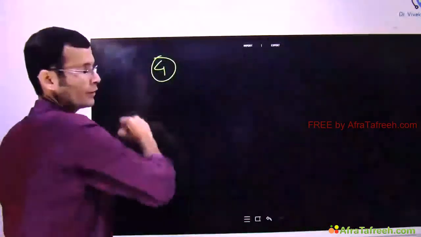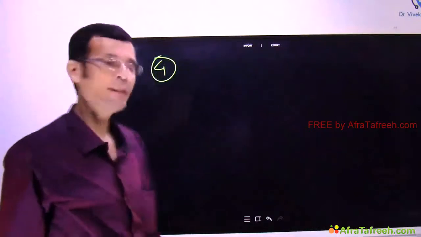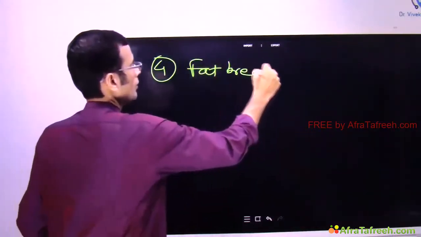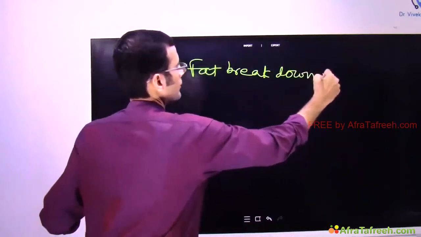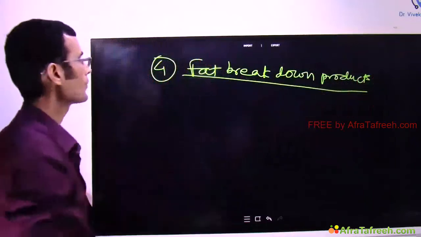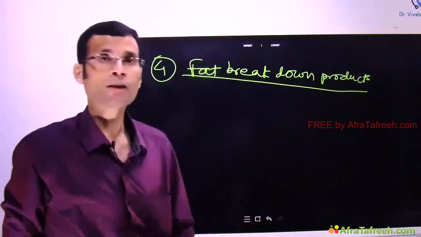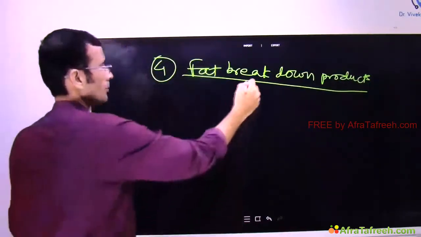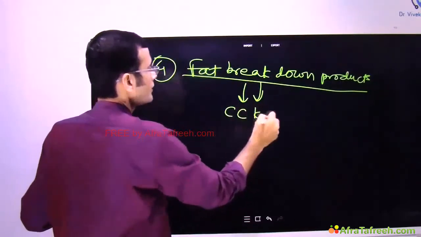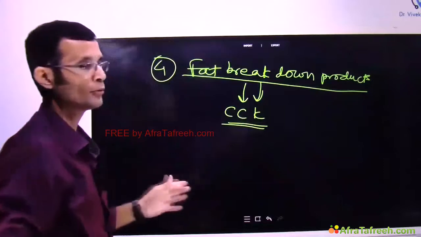And the fourth factor is fat breakdown products in the duodenum. When fat breakdown products reach the duodenum, then there is release of CCK from the duodenal mucosa.